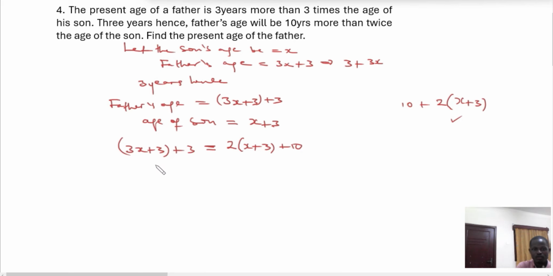So now we're going to solve for x in order to find the present age of the father. This is going to be 3x plus 3 plus 3, then open the bracket and expand it. 2 times x is 2x, 2 times 3 is 6, plus 10.